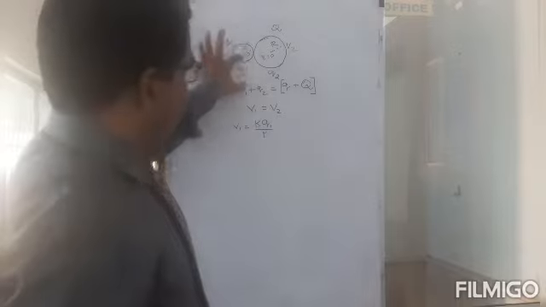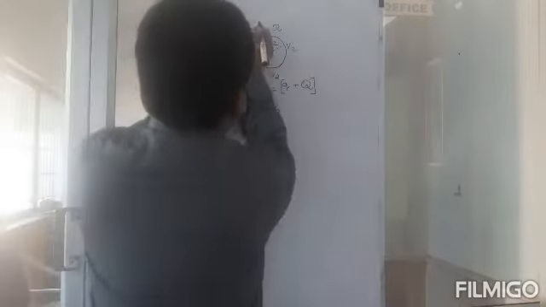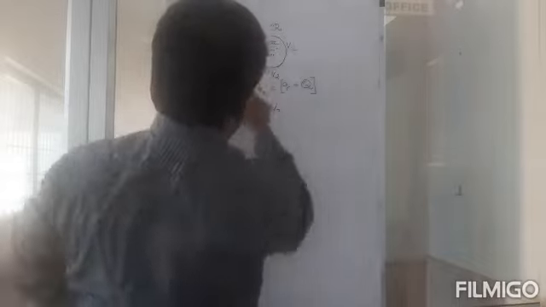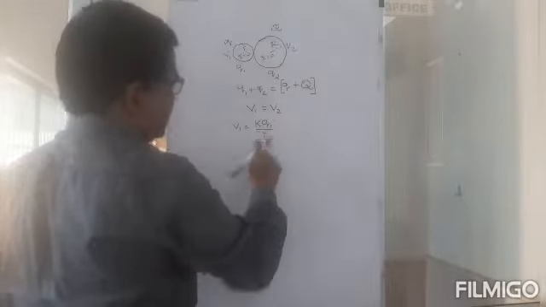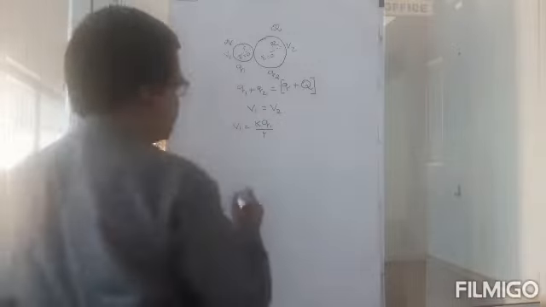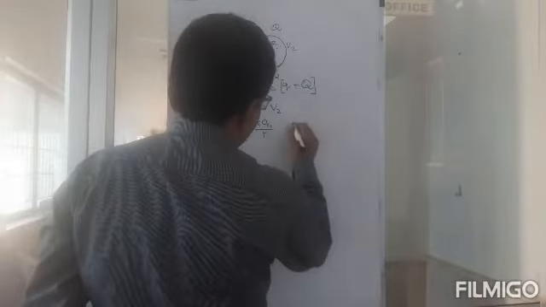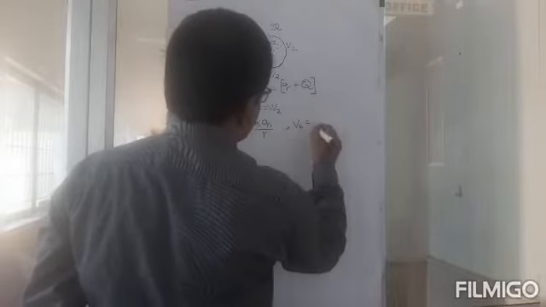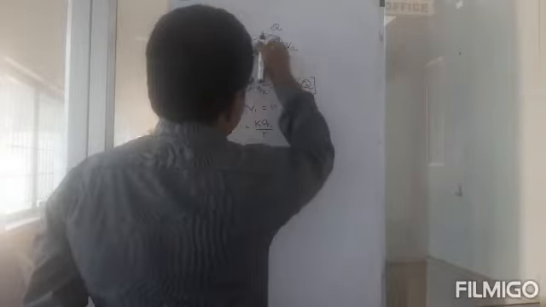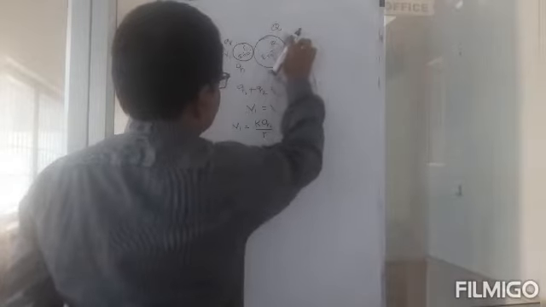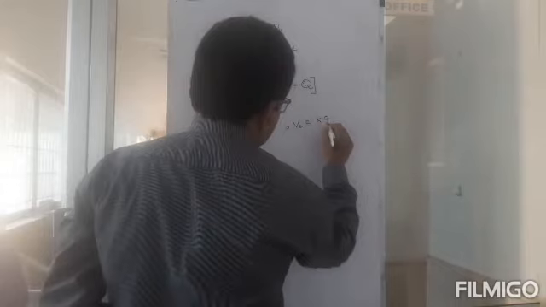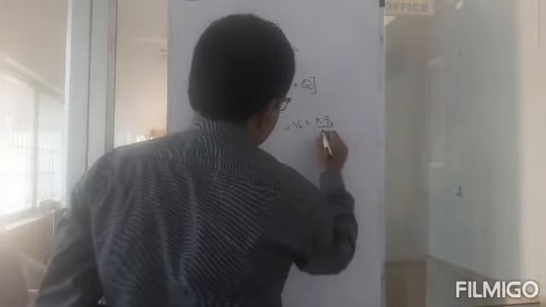That will be the potential, because Q1 is the charge on this conductor. And what is V2? V2 is also equal to K Q2 by R, because Q2 is the charge on this conductor.